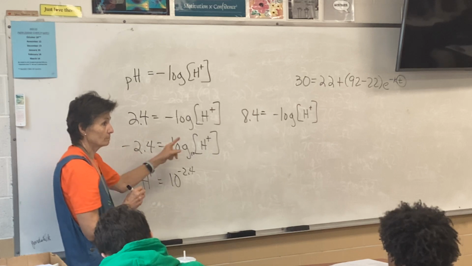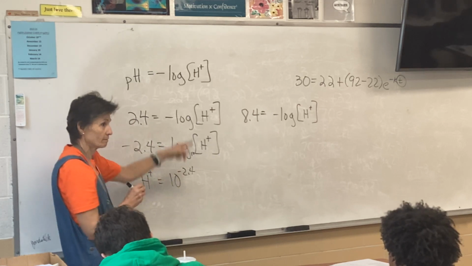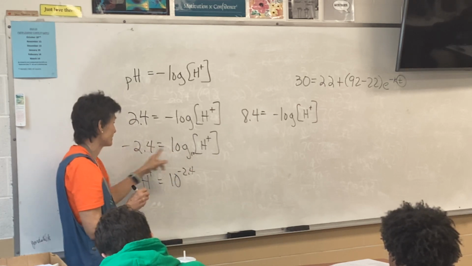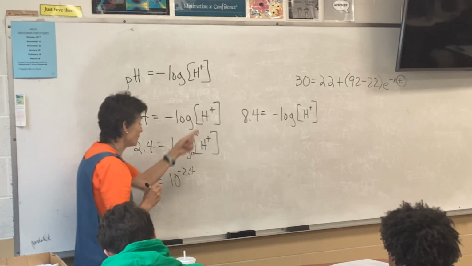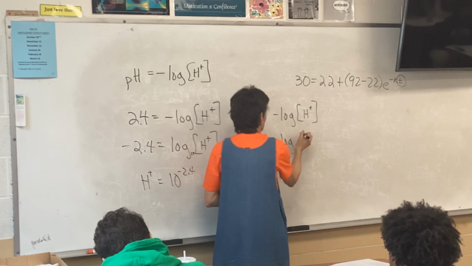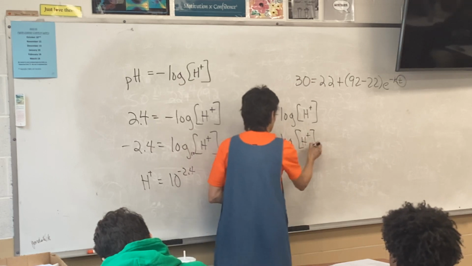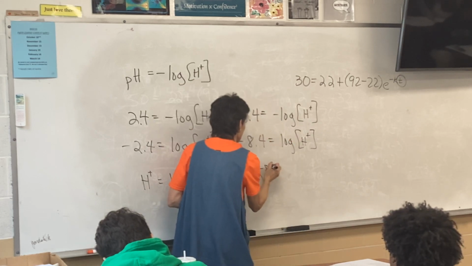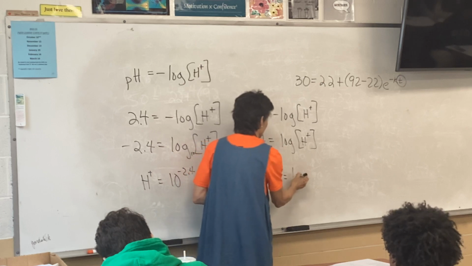Loop-de-loo, log roll, whatever he calls it, that's what's happening here, 10 to this equals that. And we do the same thing over here. So this one would be 10 to the negative 8.4.